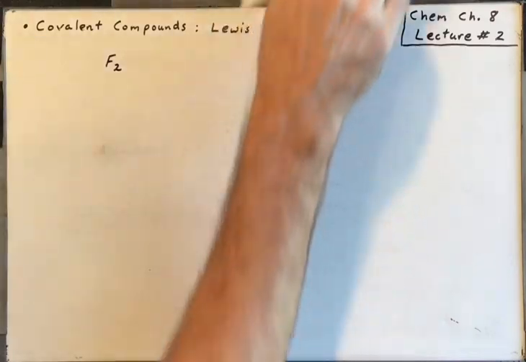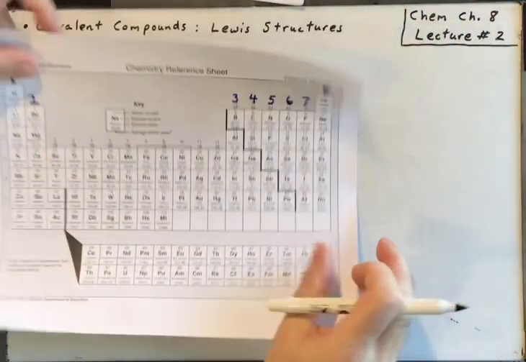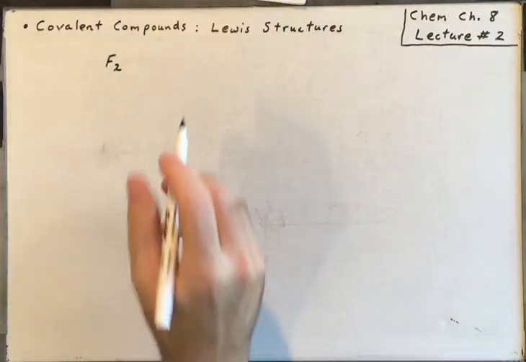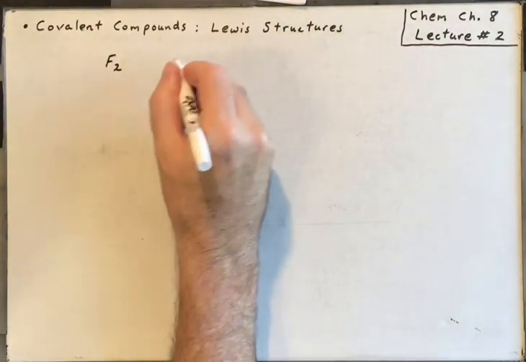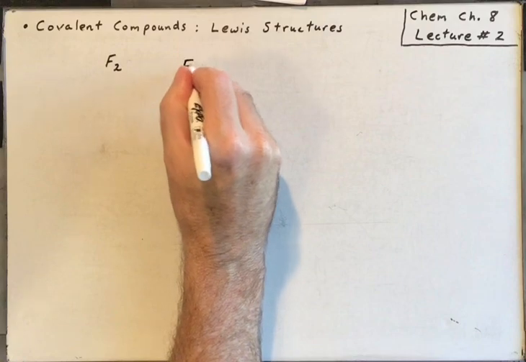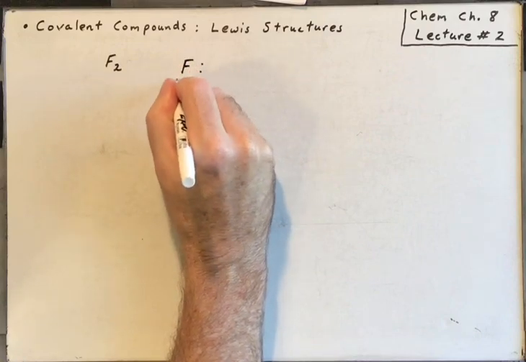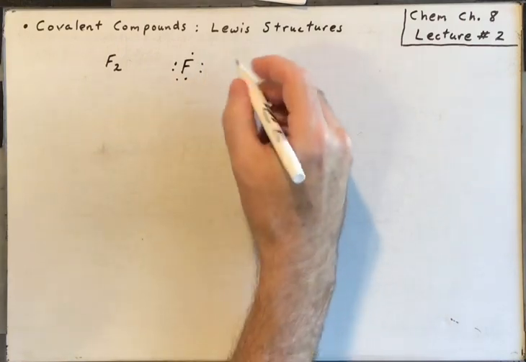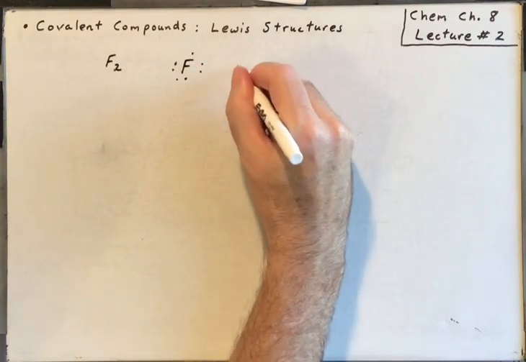All right, so fluorine is in column 7, so it has 7 valence electrons. Okay, so let's draw. So we would have a Lewis structure, and there's 2 of them.